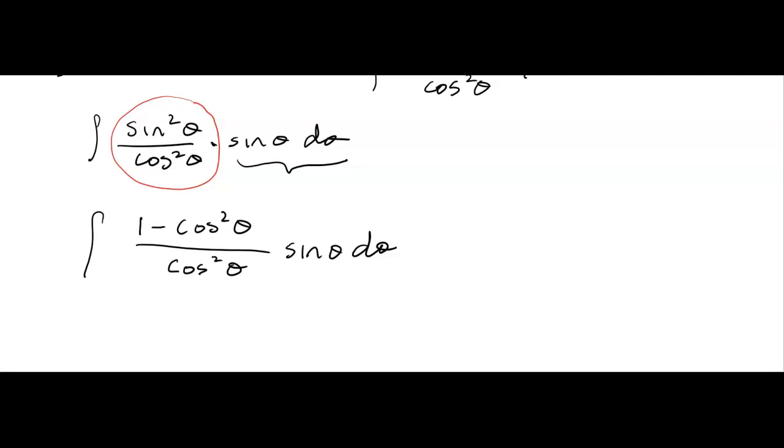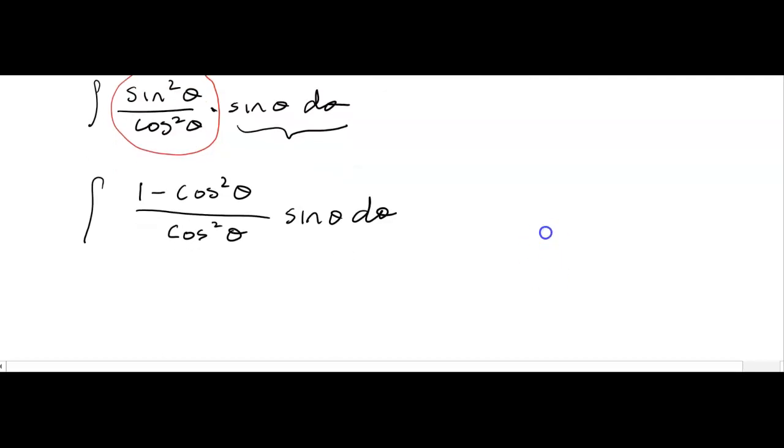And you can do that at any point. You can keep reducing or simplifying here, but let's just try it. If I let u equal cosine of theta, my du is negative sine theta, right?